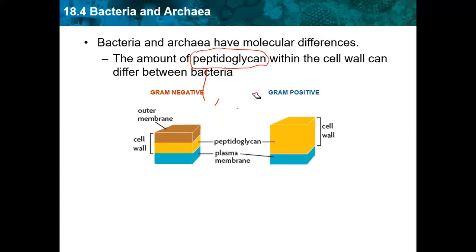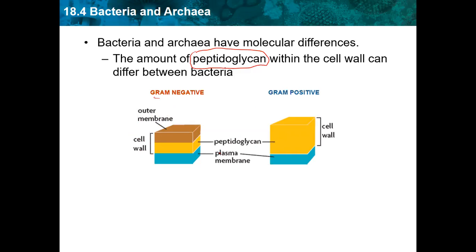Now, the very easy way we used to know bacteria when we were in the university is gram-positive and gram-negative. When you say gram-positive, gram-negative, we're talking about the amount of peptidoglycan they have in the cell wall. This is the outer membrane of the gram-negative. This is the cell wall, and this is the cell wall of the gram-positive.